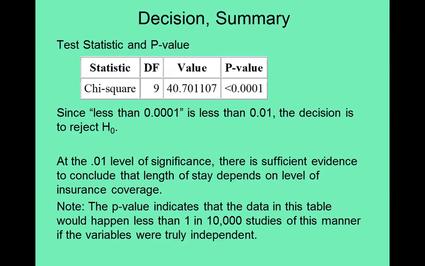So the p-value indicates the data in this table would happen less than 1 in 10,000 studies of this same manner if the variables were truly independent, as we assume under the null hypothesis. I definitely call that very unusual. At the 0.01 level of significance, there is significant evidence to conclude that length of stay depends on level of insurance coverage.